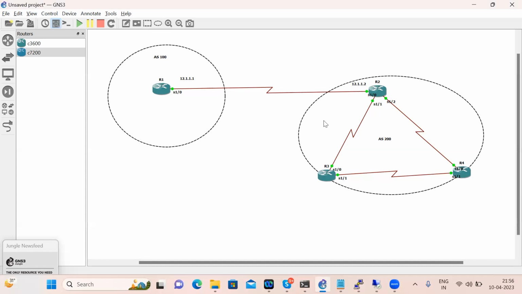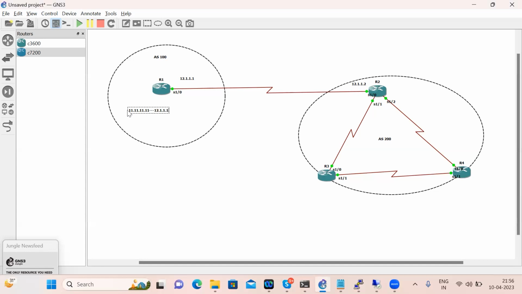The next hop will be my self IP address. So what does router 1 say? Router 1 is saying, whenever I advertise the 11.11.11.0 network, with the 11.0 network I will advertise my self IP address as the next hop IP address. Got this point? Got it.